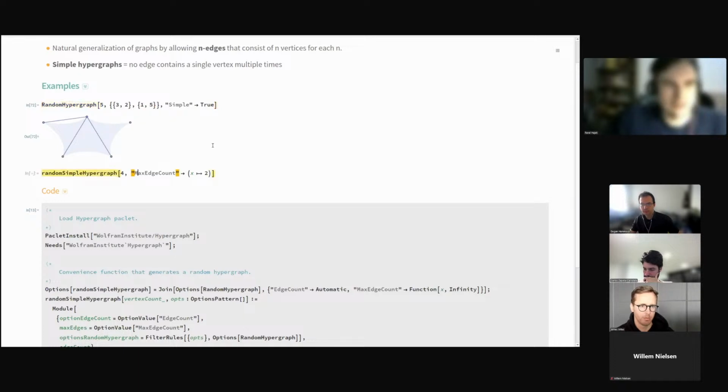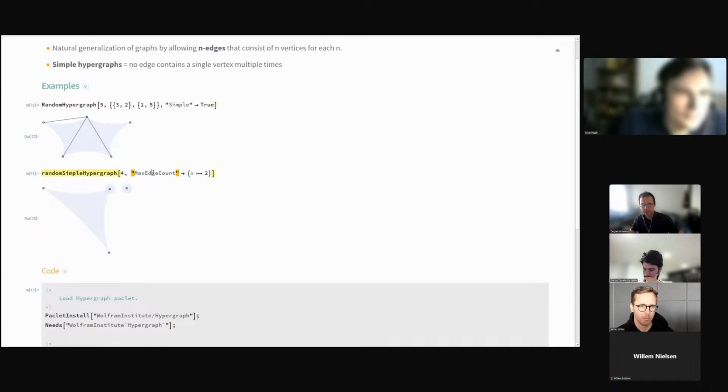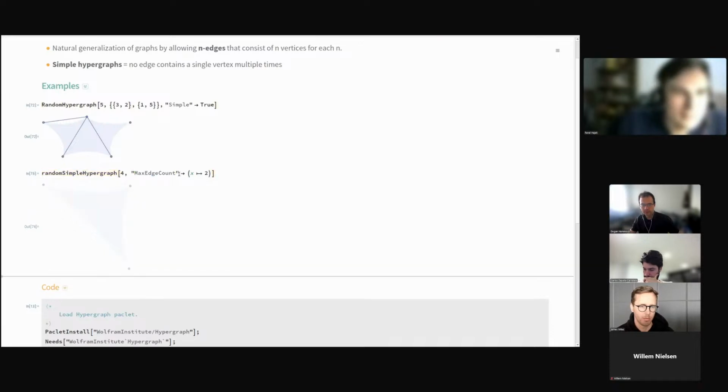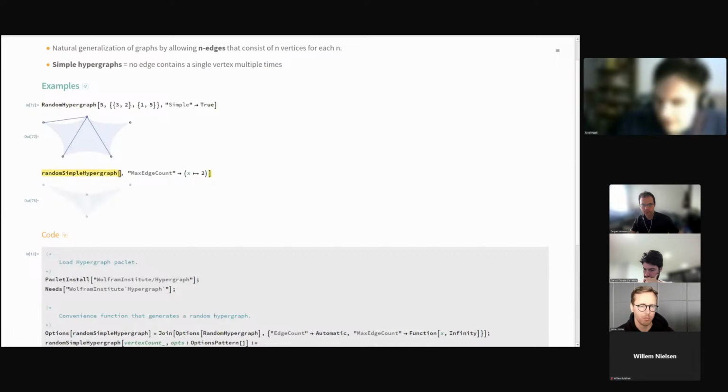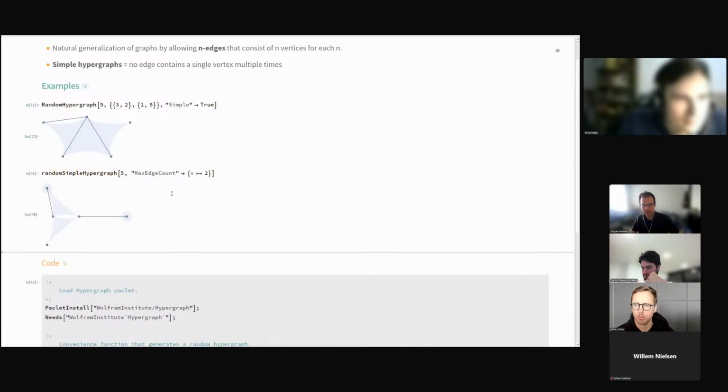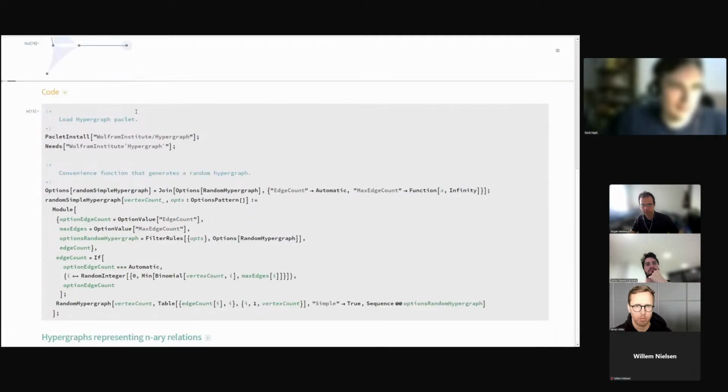So this is how a hypergraph looks. I also have a convenience function which gives you random simple hypergraphs by specifying some max edge count and so on. This is just a convenience function for my experiments. But anyway, these are hypergraphs.